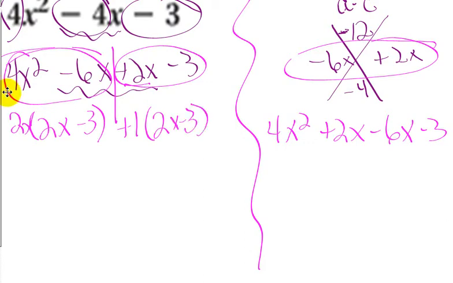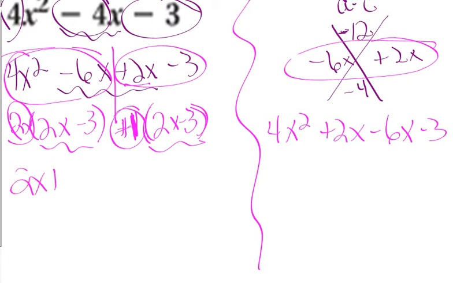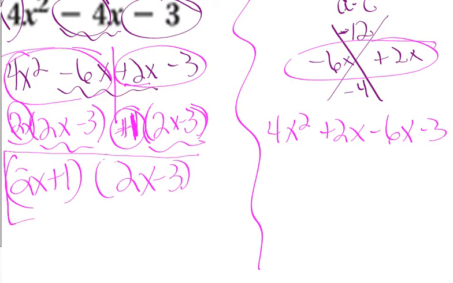So when there's nothing to factor out, make sure you put it in parentheses and put a plus 1 out there. Okay. Now compare your two binomials, 2x minus 3, 2x minus 3, they're the same, so we can regroup. 2x plus 1 times 2x minus 3. And that's our answer.